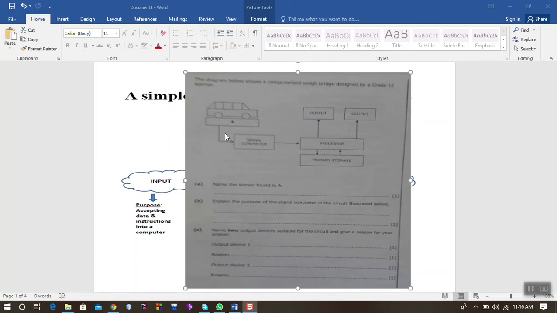When the car goes on the weighbridge and the sensor gets the weight, it goes into the system. Obviously, we need to have a screen like a monitor, so that we can physically see the weight of this car. So one output device is going to be the monitor, to monitor what is happening inside there.